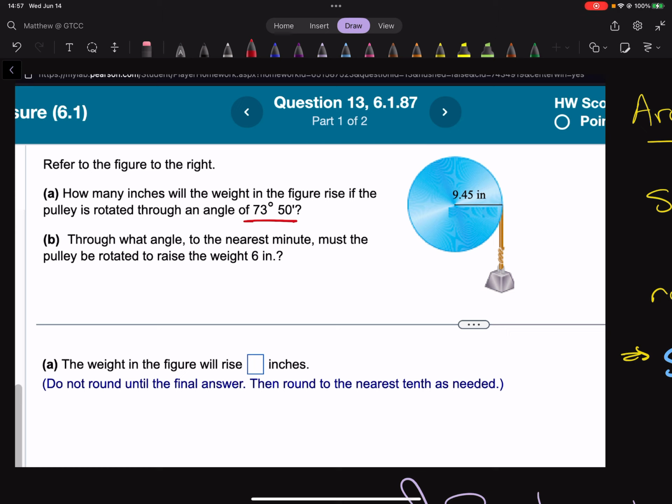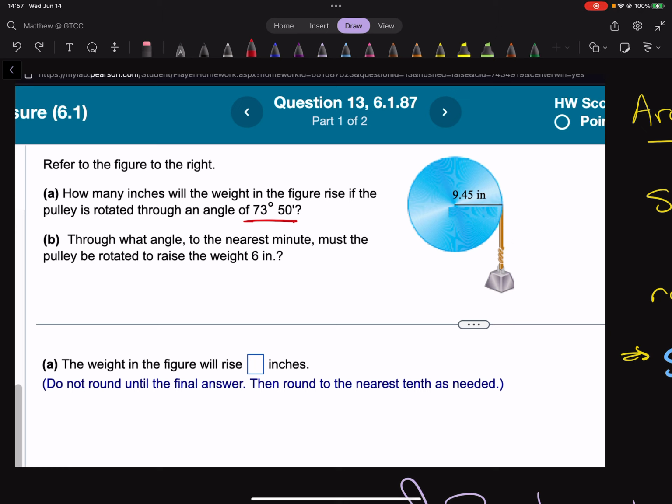So we're thinking about the amount of rotation occurring here, 73 degrees and 50 minutes. Something to keep in mind is we're going to have to convert that degree measure into radians. But let's talk about what formula we need.